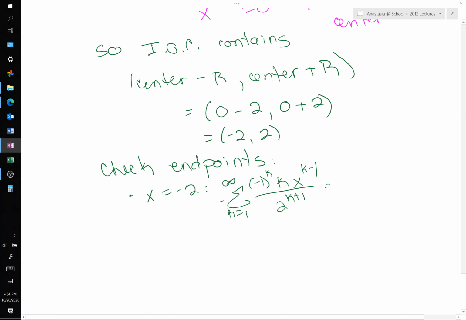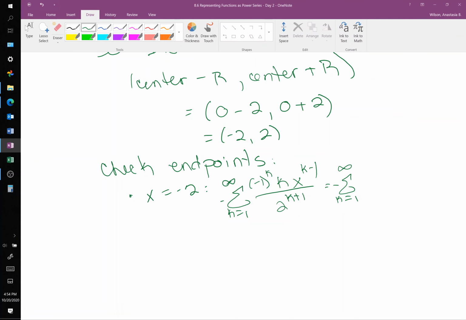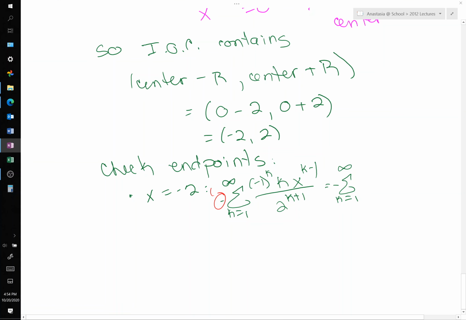So we're going to substitute negative 2 in for x, so we get negative sum from k equals 1 to infinity. One thing we can do, so there's a little bit less to write, notice we can take this negative 1 and combine it with the negative here and add 1 to the power. So I'm going to go ahead and do that over here so that we get negative 1 to the k plus 1. Then we'll have times k times negative 2 to the k minus 1. Sorry, that should be a k minus 1.